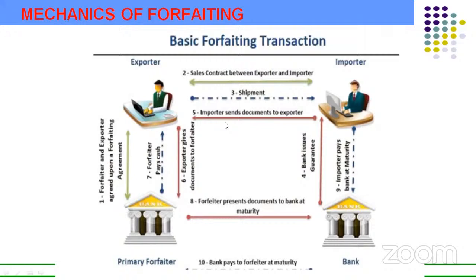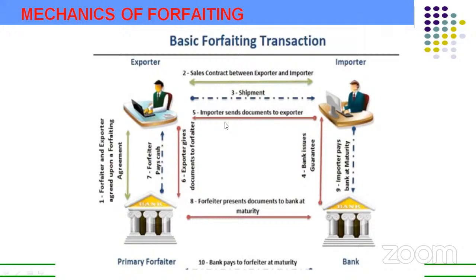On the date of maturity, the forfaiter will present the documents for collection at the availing bank or guaranteeing bank. This could be the importer's bank or another bank guaranteeing for the importer's bank. The importer remits money at the availing bank to honor the negotiable instrument given by the exporter to the forfaiting agency.